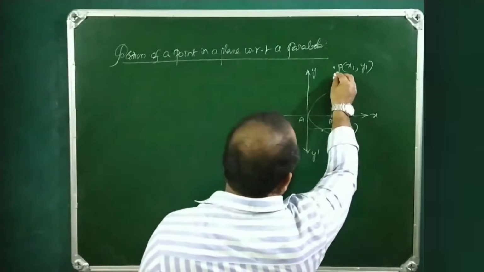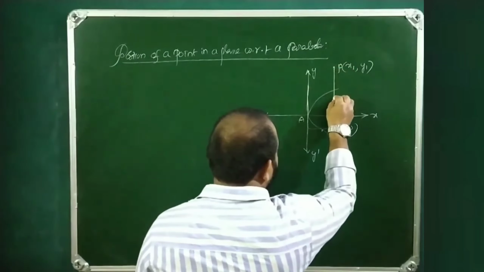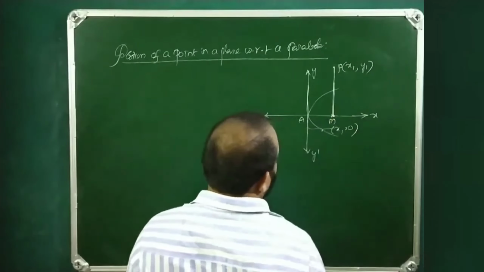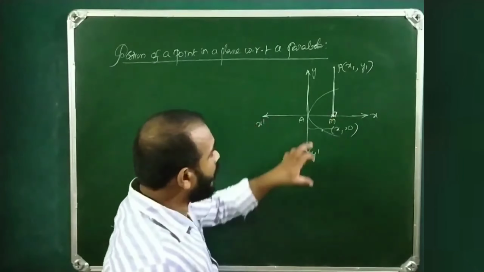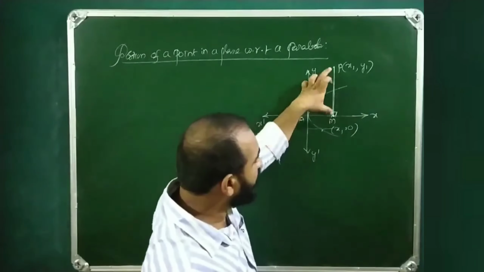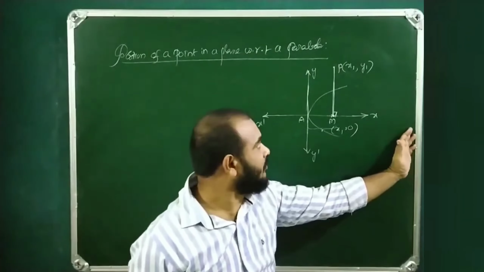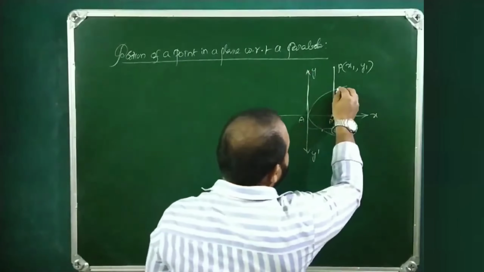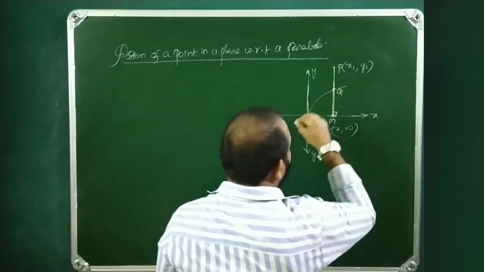Draw a perpendicular PM on the principal axis, the x-axis, which cuts the parabola at Q.